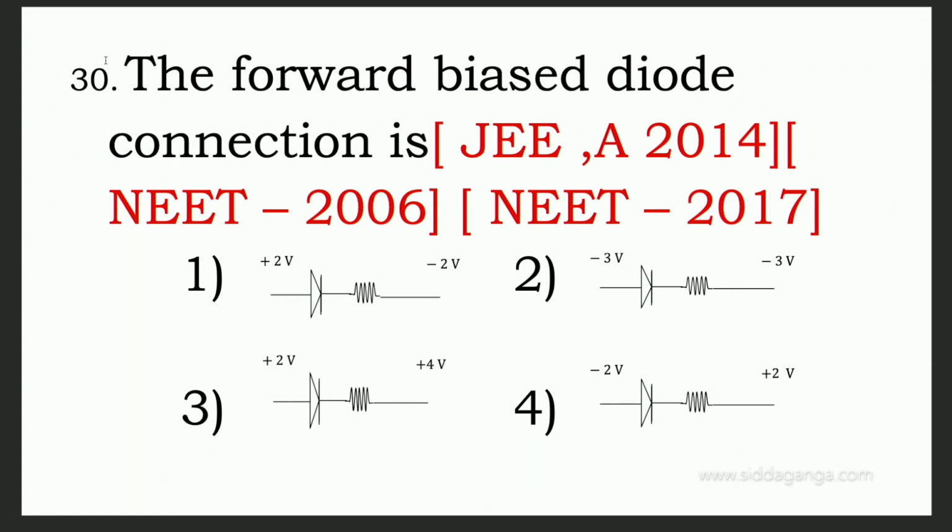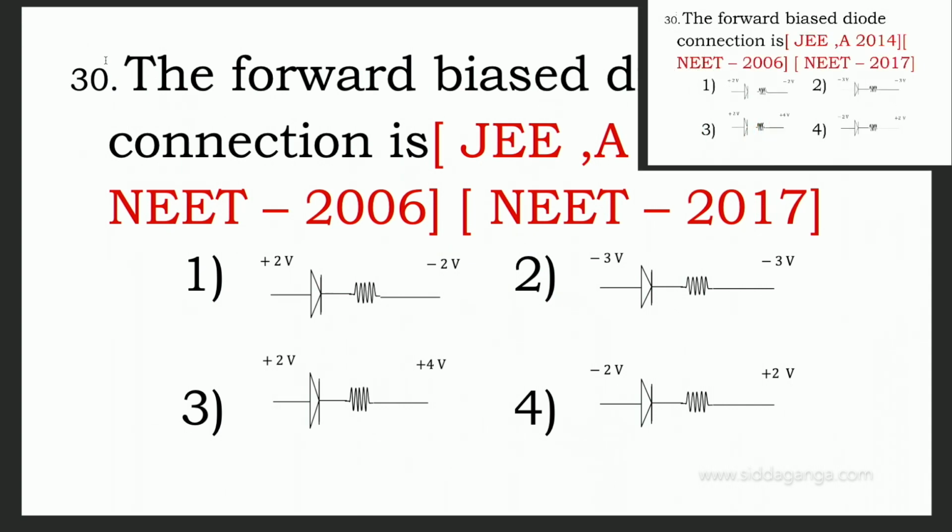So first one is +2, -2. Next one is +2, +4 volt, and -3 volt, +3 volt, and -2 volt, +2 volt. Question is forward bias.